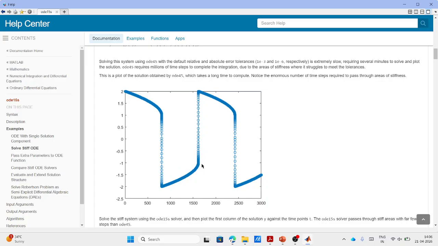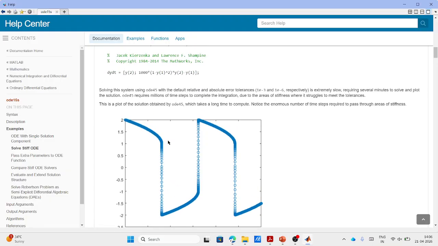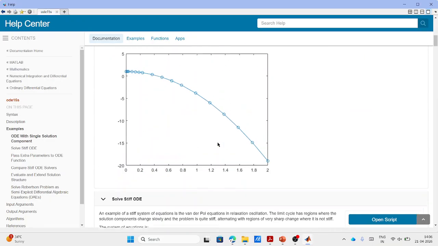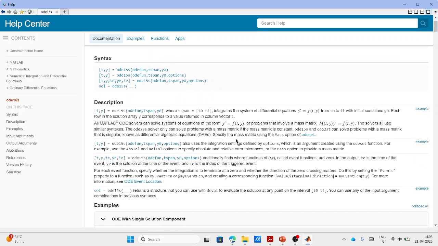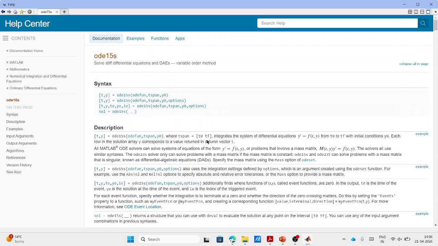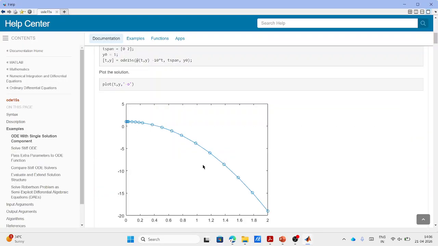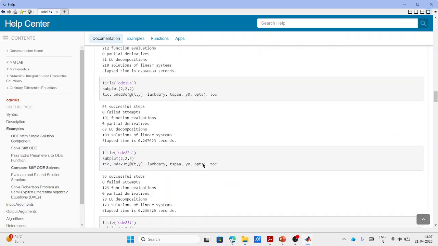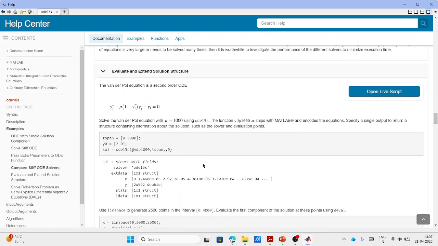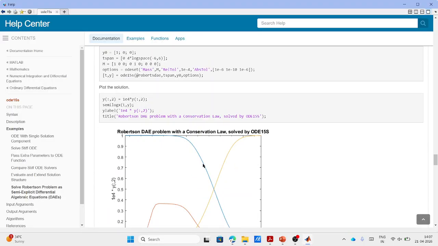There are certain points where the function value is changing drastically over a small increment. This becomes your stiff ordinary differential equation. In those cases you might need a more sensitive solution method, which is this. Further description of this command is also given, such as what kind of method it uses. You can check it out.